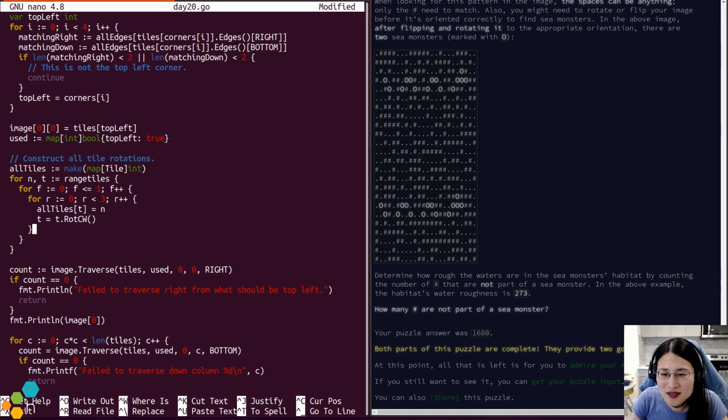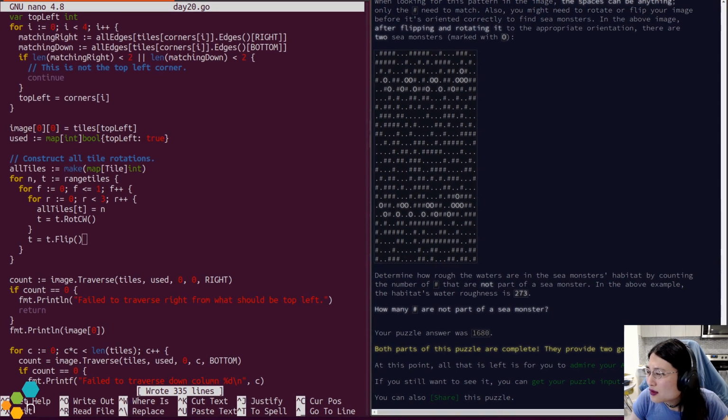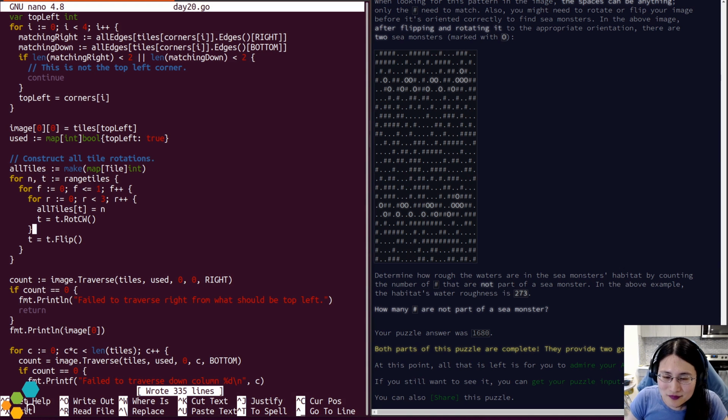And then at the end of this, we're going to perform a flip. What does dog have to say? Okay. So I think that will automatically populate all 8 of the rotations into the map, and it is storable.